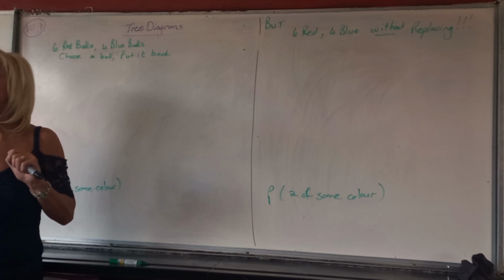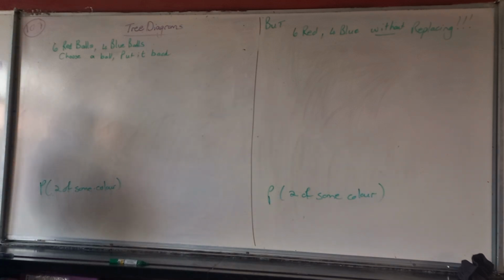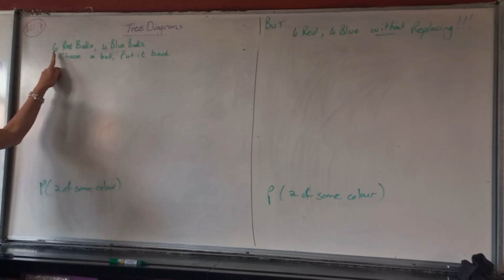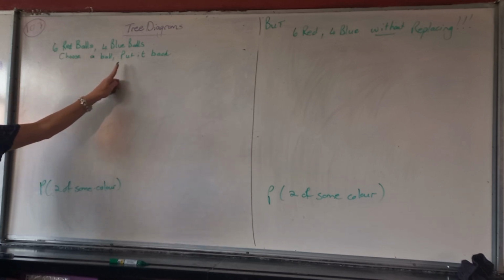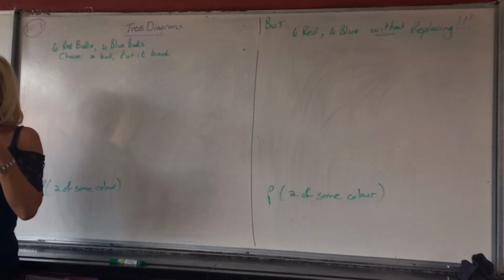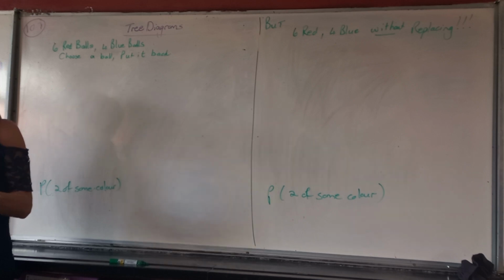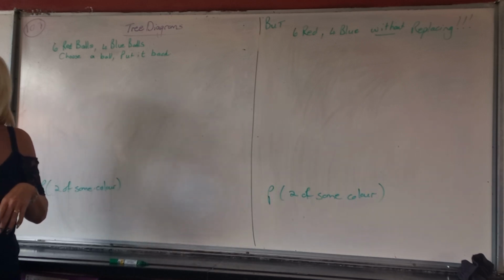Draw one, and what's the probability that it will be red? 6 out of 10. Are you with me? Because that's the total number. So probability is the number of favorable outcomes, the red ones is 6, over the total number that's in there, total is 10. So that would be the probability of 6 out of 10.